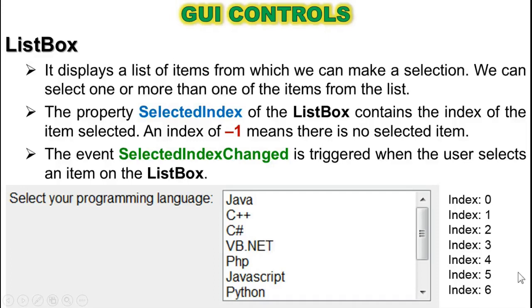The event SelectedIndexChanged is triggered when the user selects an item on the list box. In this example list box, if the populated values are Java, C++, C#, and so on, Java has an index of 0, C++ has an index of 1, and so on and so forth.